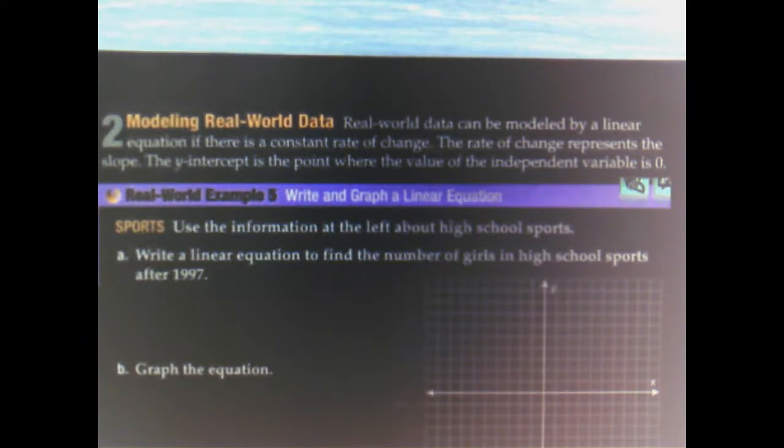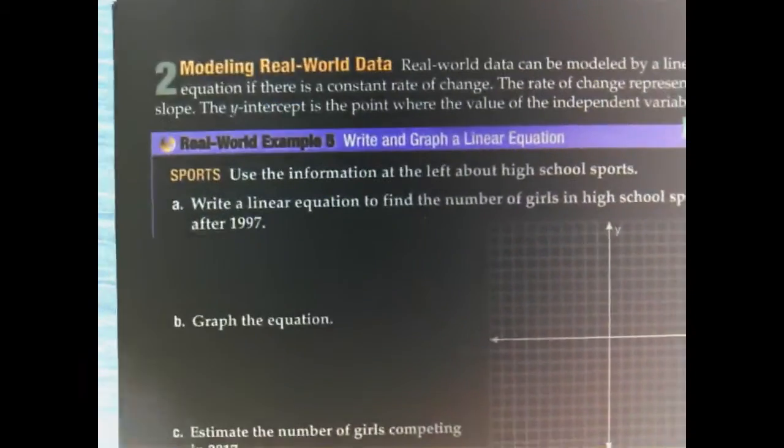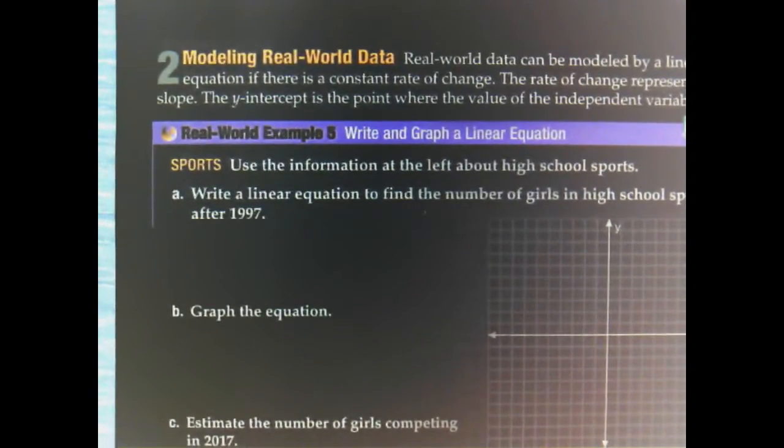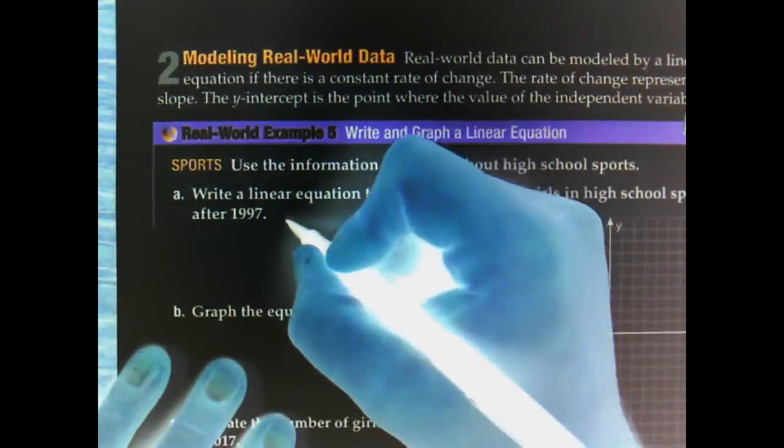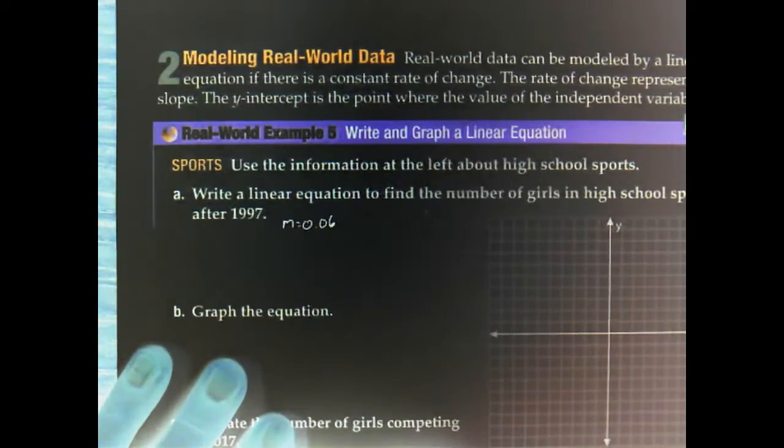So on my PowerPoint here, it looks like I'm missing a little bit of information. Basically what it says, in 1997 about 2.6 million girls competed in high school sports. The number of girls competing in high school sports has increased by an average of 0.06 million per year since 1997. Okay, so our rate of change is 0.06.